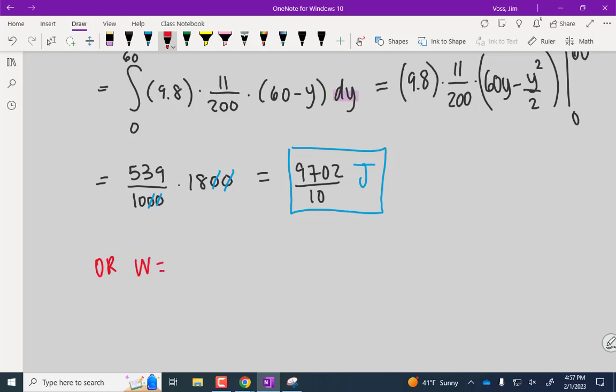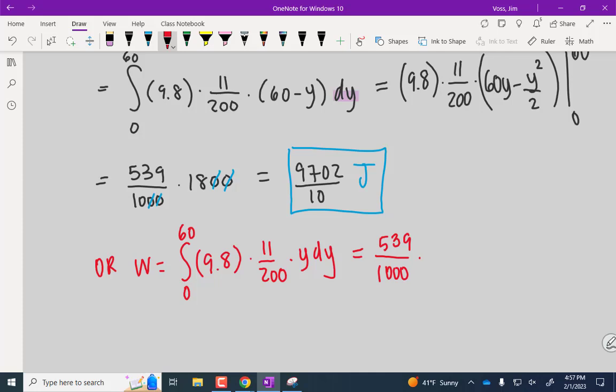Hopefully I'm right. So 0 to 60, we'll still have 9.8, we'll still have 11 over 200, and we'll have y dy. So this constant, that's going to be that number right there, 539 over 1,000, multiplied by, when we integrate this, y squared over 2, from 0 to 60.